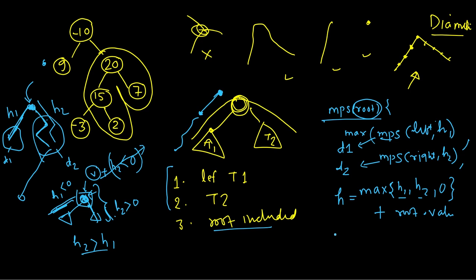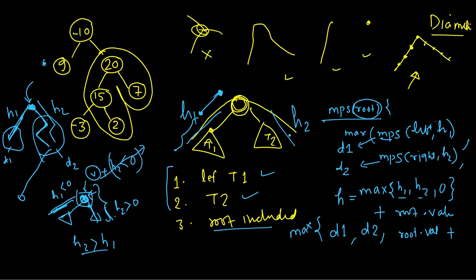It will be the maximum of D1, this first case, or D2, the second case. And the third case will be that it goes through root, so we have to include val plus, in the third case, we will take this h, h1, and this h, which is h2.